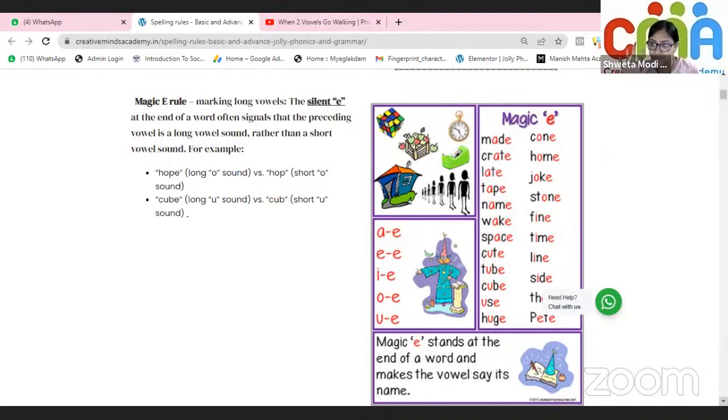I want five words, five short vowels. And please write your name so that I can give you points, and those points can be counted for your bonus gifts, and you may get some surprise bonus.